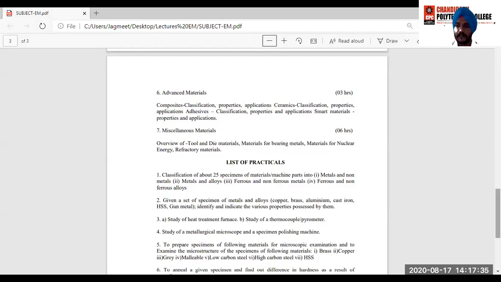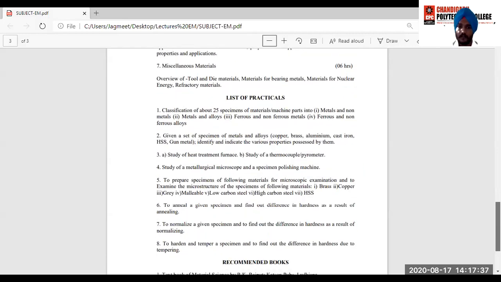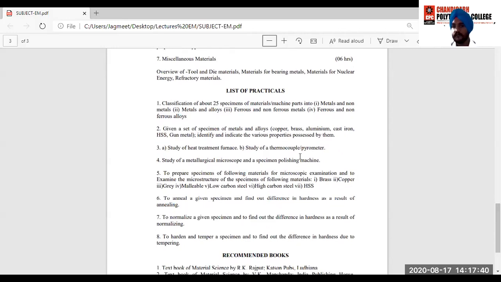Next is the list of practicals. Throughout the semester, we will conduct 8 practicals, and out of these, in the first practical, we will classify 25 specimens. We will identify different metal and non-metal on the basis of their properties, on the basis of their mechanical test. So we will discuss these in chapter number 1.